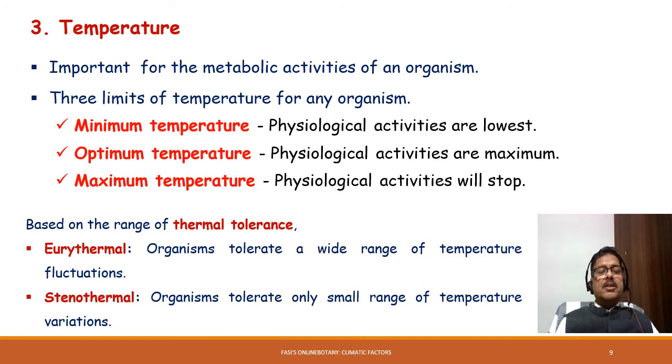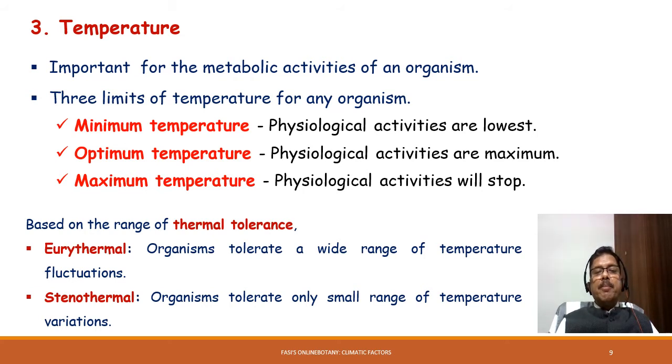Now the second climatic factor is temperature. Temperature is one of the important factors which affect almost all the metabolic activities of an organism. Every physiological process in an organism requires an optimum temperature at which it shows maximum metabolic rate.